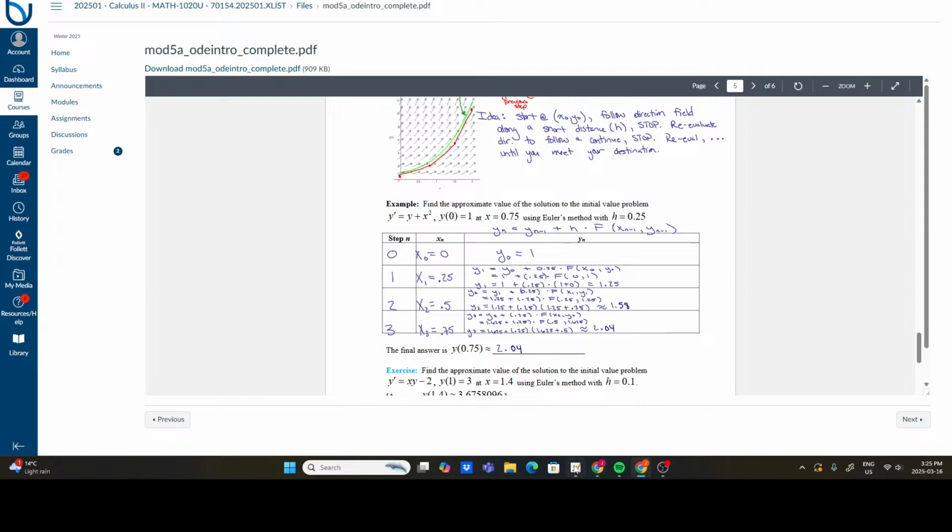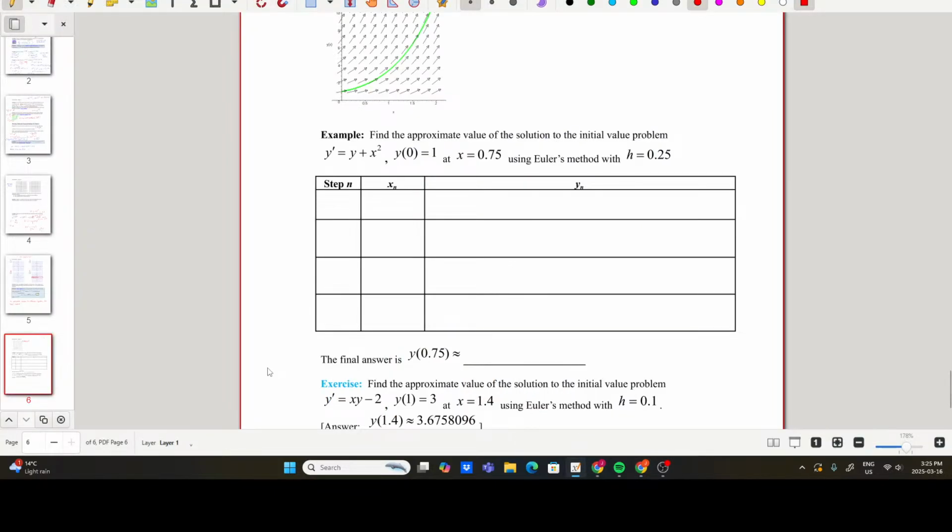And our step n is going to go 0, 1, 2, 3. Our x_n is going to go up to 0.75, so we're going to divide 0.75 by 3, and you can see that this is going to be the step size. So we're going to start at 0.25, I'm guessing.